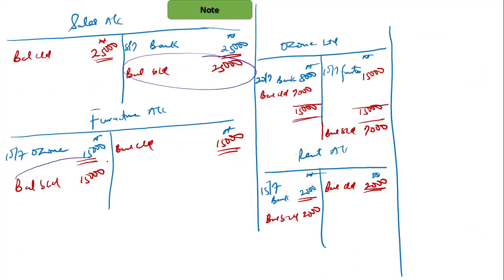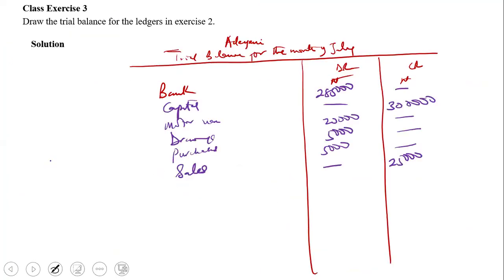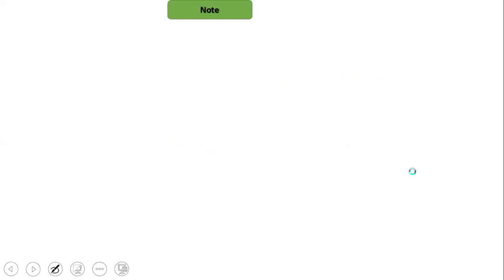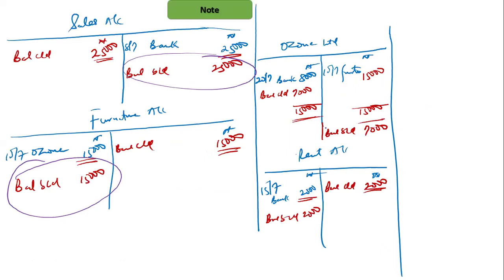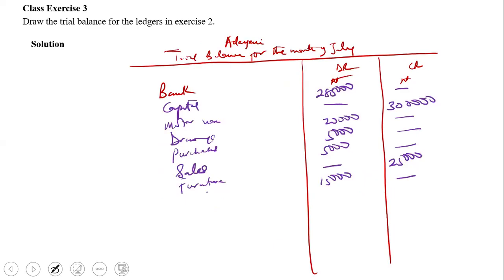Next, we move to the next one. We have furniture, 15,000. Our furniture comes there, 15,000. Next, what do I have? I have Ozone, which is payable 7,000 on the debit side. Sorry, 7,000 on the credit side.